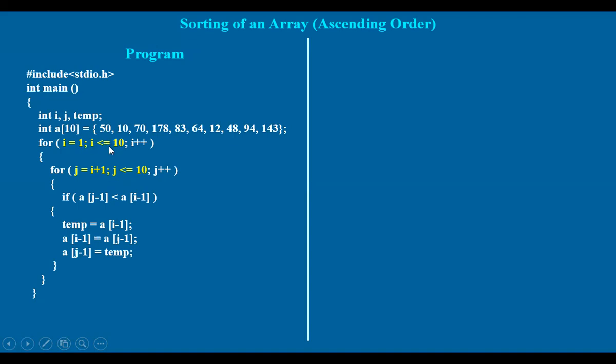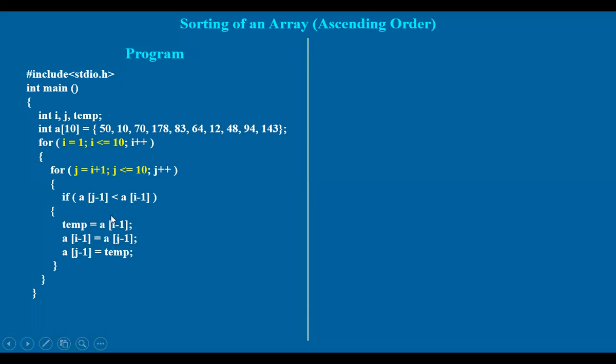The first number is compared with the numbers from the second onwards, so second to 10. But here, the index numbers won't change, because to avoid confusion only we have taken 1 to 10. But this number will always be called A0 only.